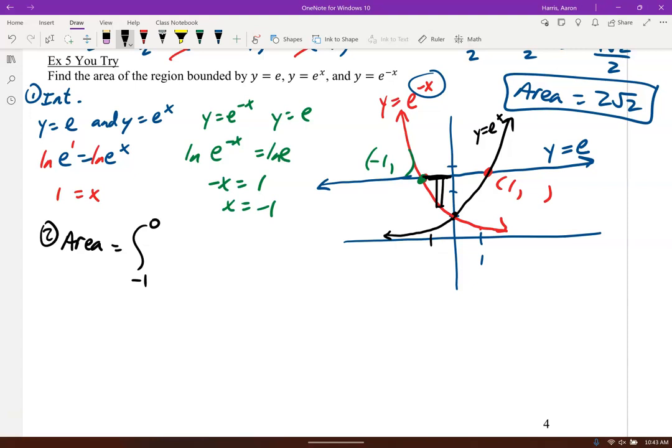So here's these rectangles. So I got this black area, top minus bottom. So the top is e minus bottom, which is the red one, e to the -x. That's the black area. And then we got to go from 0 to 1, and that's the blue area. Top minus bottom is e minus the e to the x function.